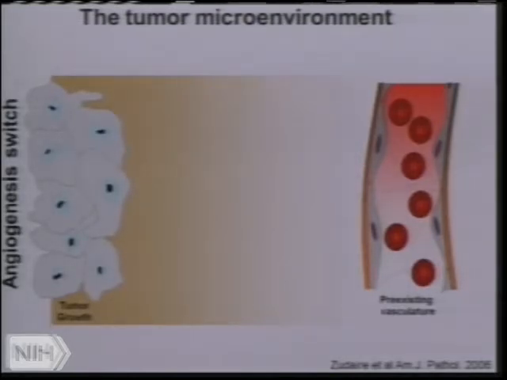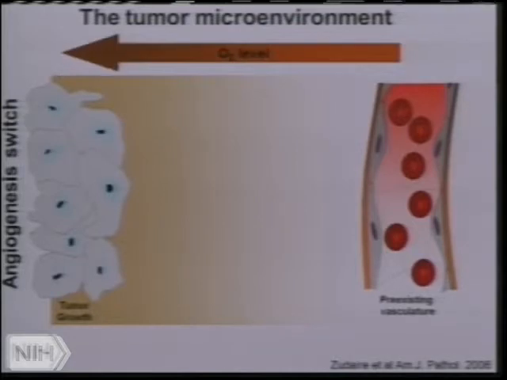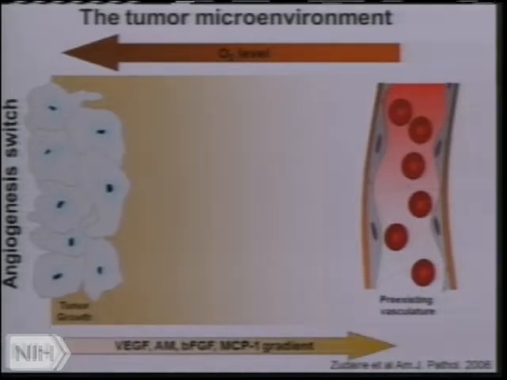So this is summarized in this slide, where we have the tumor cells, which, because of the distance from these vessels over here, are in a hypoxic environment. And that allows the tumor cells to produce and secrete a number of factors which are angiogenesis stimulators.